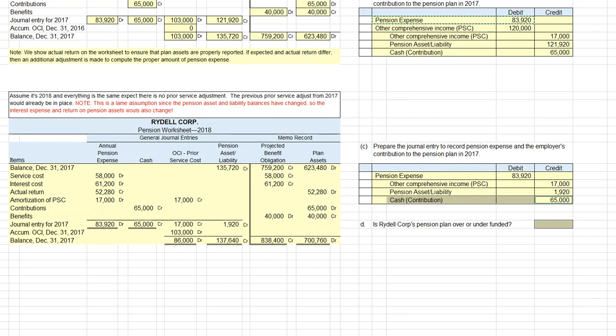In terms of the question, is Rydell's pension plan over or underfunded? Again, we have a liability on our books of $137,000 because our projected benefit obligations exceed our pension plan assets. So yes, we are underfunded.